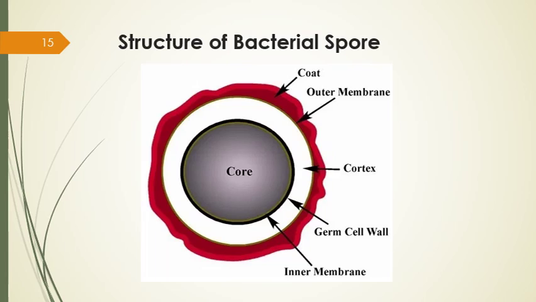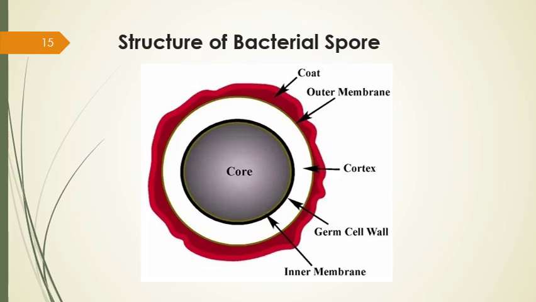Exosporium: the spore is sometimes surrounded by a thin covering which overlies the spore coat. The spore coat is resistant to many toxic molecules. It acts like a sieve that excludes large toxic molecules like lysozymes. The spore coat may also contain enzymes that are involved in germination.